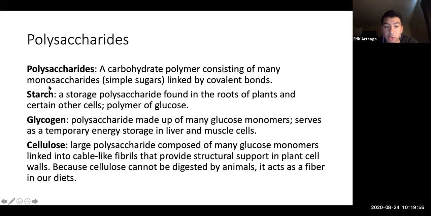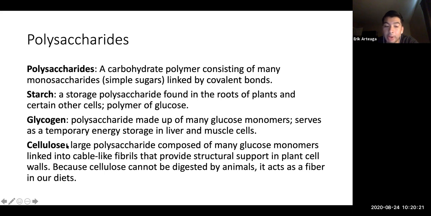Again, these three molecules are made up of all glucose, but the way cellulose is arranged, we cannot digest it, right? So this is going to be the roughage or the fiber that we have in our diet, okay? When you eat leafy greens, your doctor recommends you consume more fiber, right? Fiber is going to soften your stool, but fiber is unable to be digested by the body, okay?